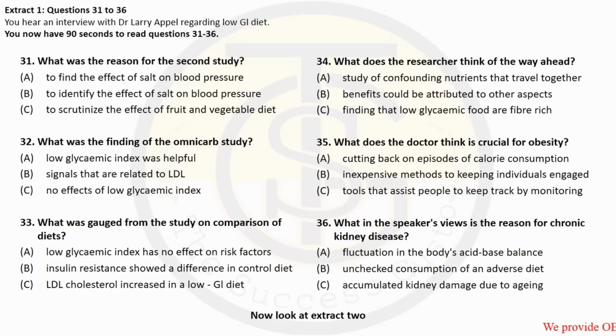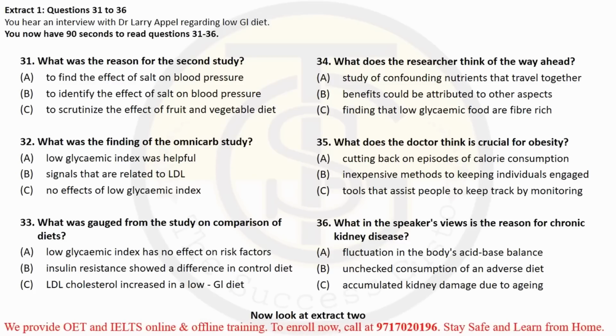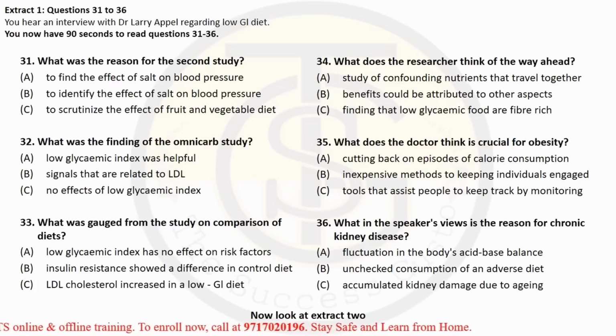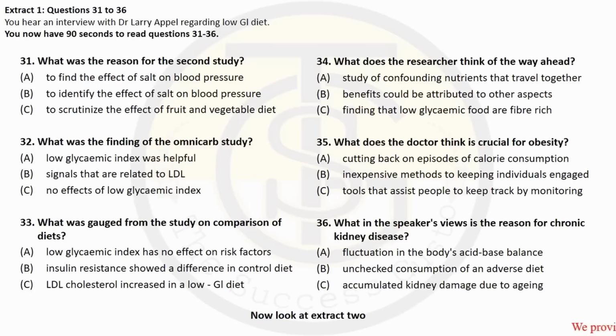Nutrients travel together. So typically, most foods that are high in glycemic index are low in fiber, and foods that are low in glycemic index tend to be higher in fiber, like white rice versus brown rice or whole grain. So that's where we think this is going, that you can get the benefits that we attributed to low glycemic by focusing more on other aspects of diet.